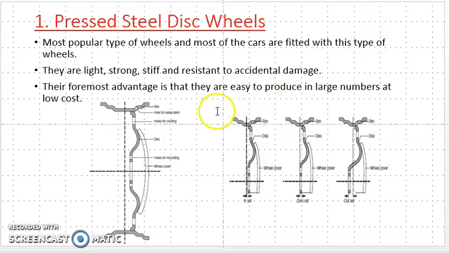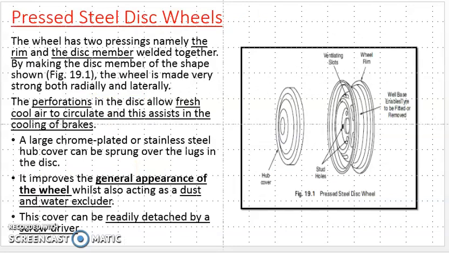Just first understand here the main part is the rim. Okay, here the cross section is shown circular. If you look from this side view it will be circular, and if you take the cut, just see here, this is the 3D drawing of the pressed steel disc wheel.